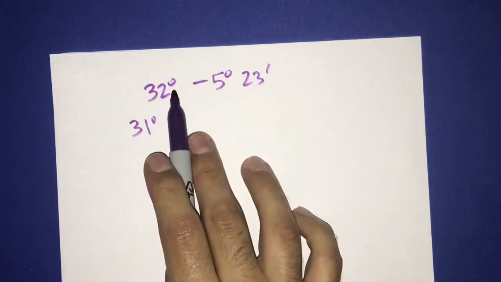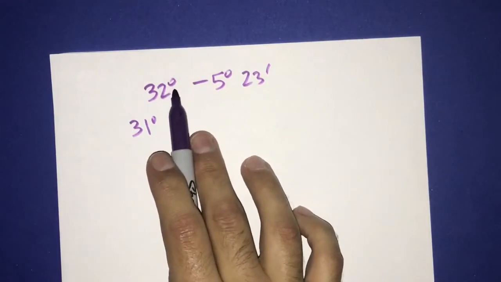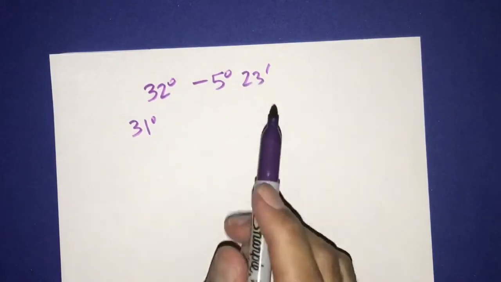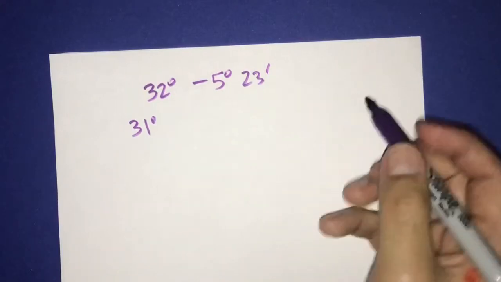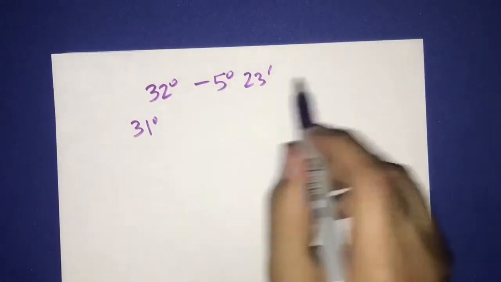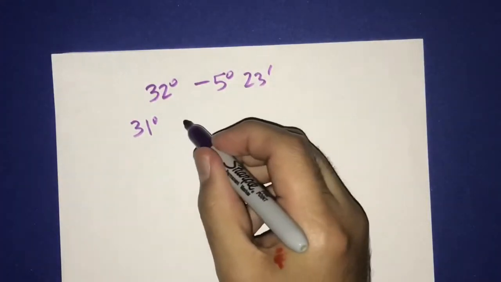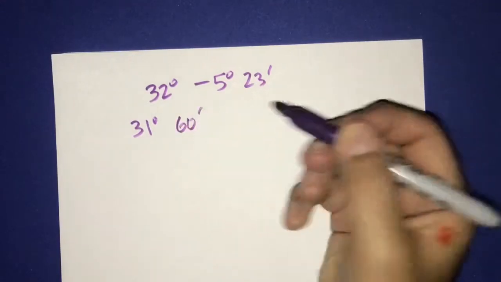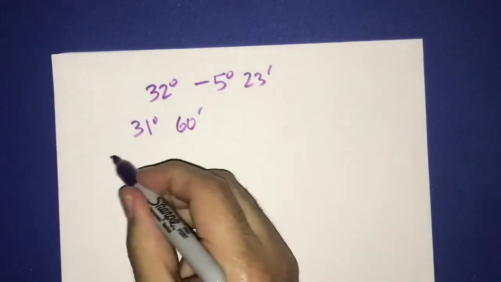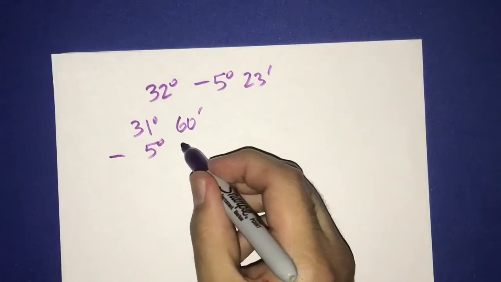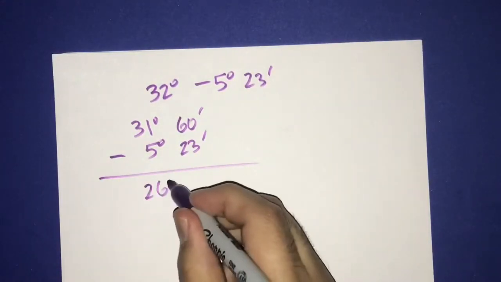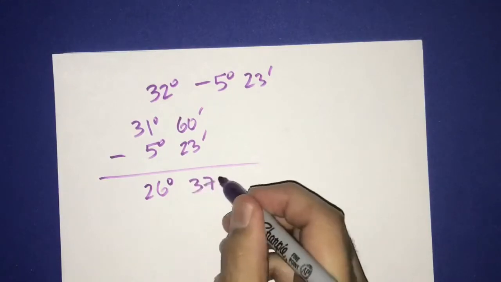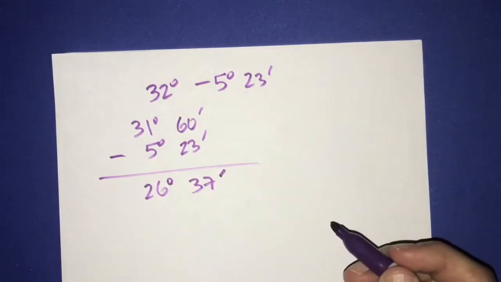So we're going to have to borrow from the degrees, and convert that to minutes. So remember that 1 degree equals 60 minutes. So this is also going to have 60 minutes, and we're going to subtract off 5 degrees and 23 minutes. Okay, so here what do we get? We get 26 degrees, 37 minutes.